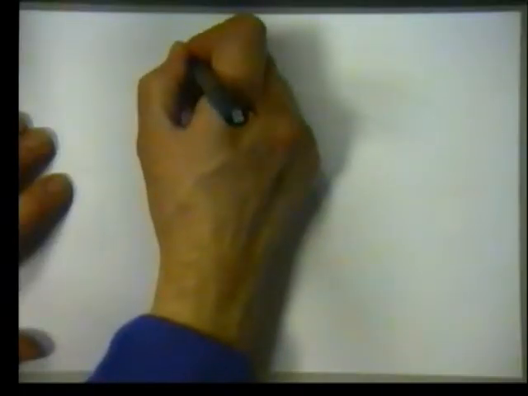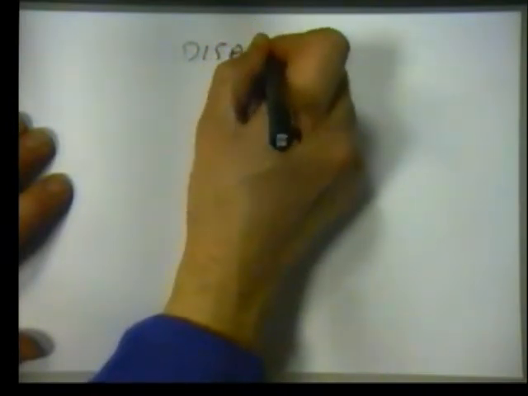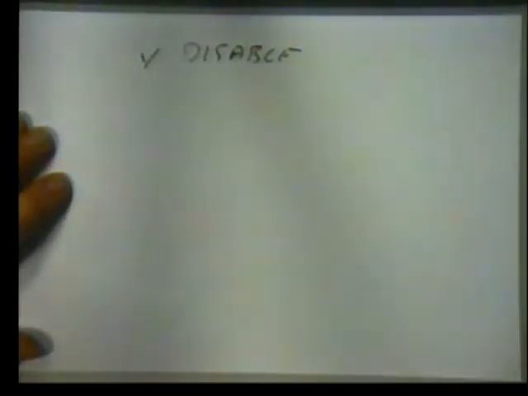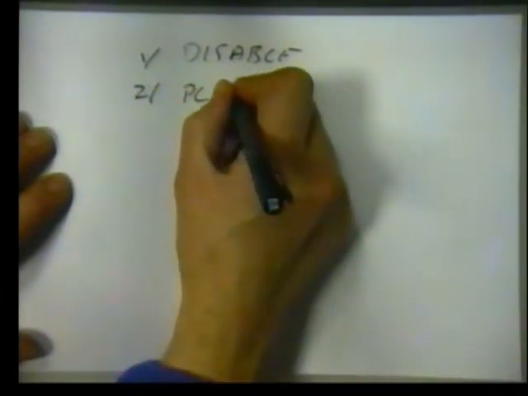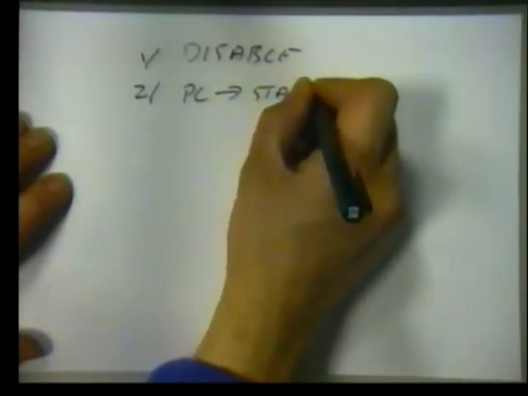Let's run through that whole lot again. An interrupt occurs. In order, the events are: 1. Disable all interrupts. 2. The current program counter is stored on the stack.